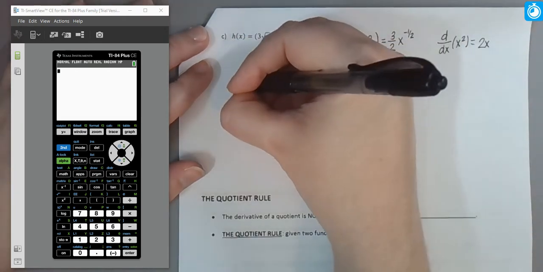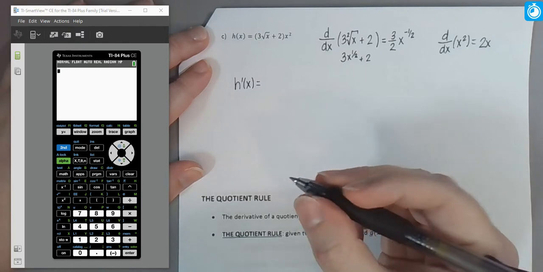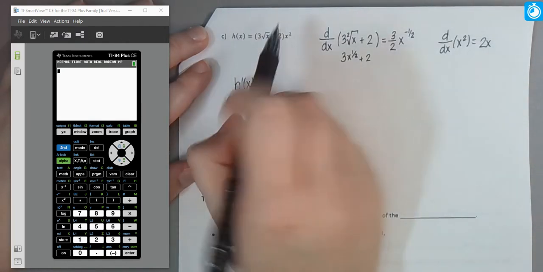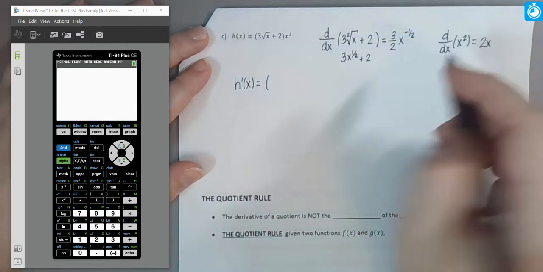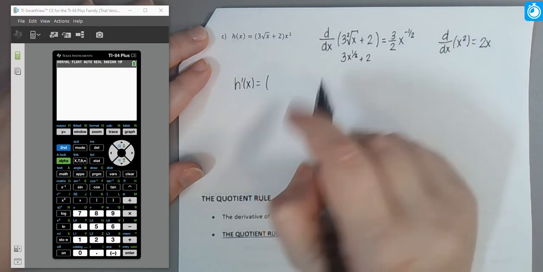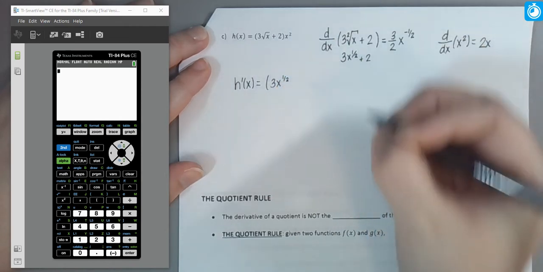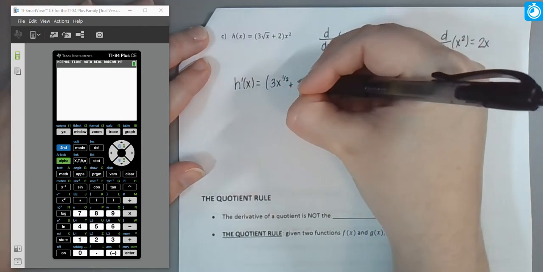So now let's take the derivative of the whole function using our product rule. So first function, and let's write it using that fractional exponent notation. We'll see if that helps. We'll see if it doesn't. Let's use that notation for now though. So 3x to the 1/2 plus 2.